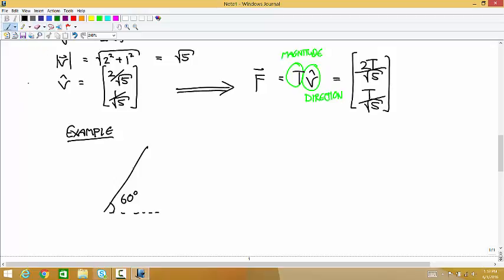And then let's say we have a vector that makes an angle of 15 degrees from that surface. And so in this coordinate system, you see what I'm trying to get at? That vector is coming out of that surface.